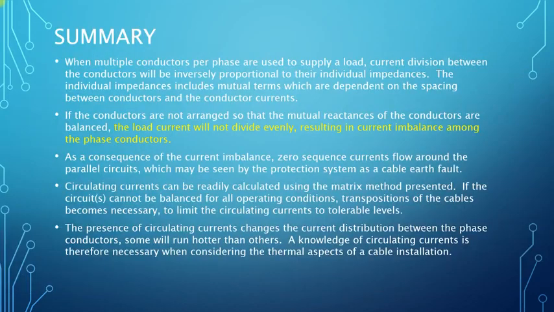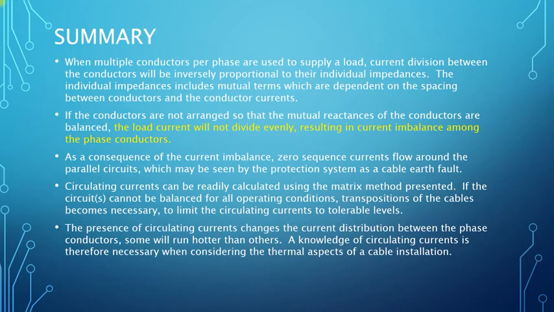So to summarise this discussion, when there are multiple conductors per phase, then the currents will not necessarily divide equally between the phases. It will divide depending on the effects of mutual reactances between all the conductors.